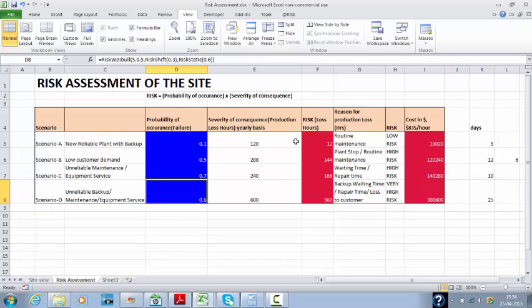So what is the severity consequence? You could have 600 production loss hours in a year, and the risk involved is 360 because this probability is 0.6.